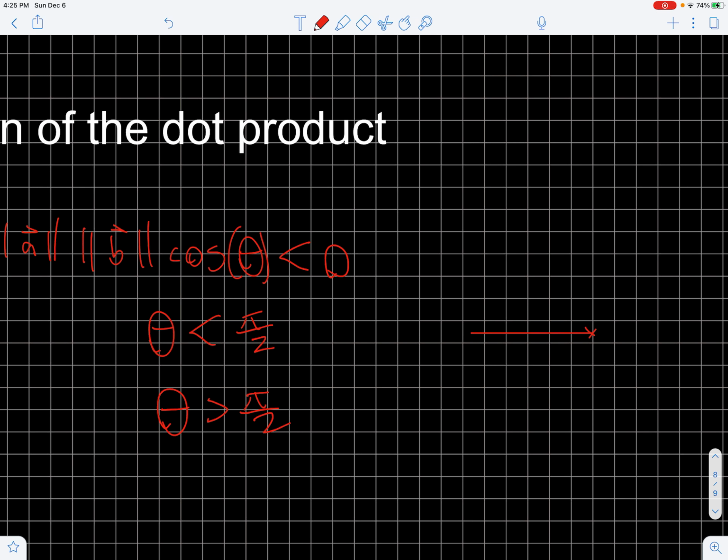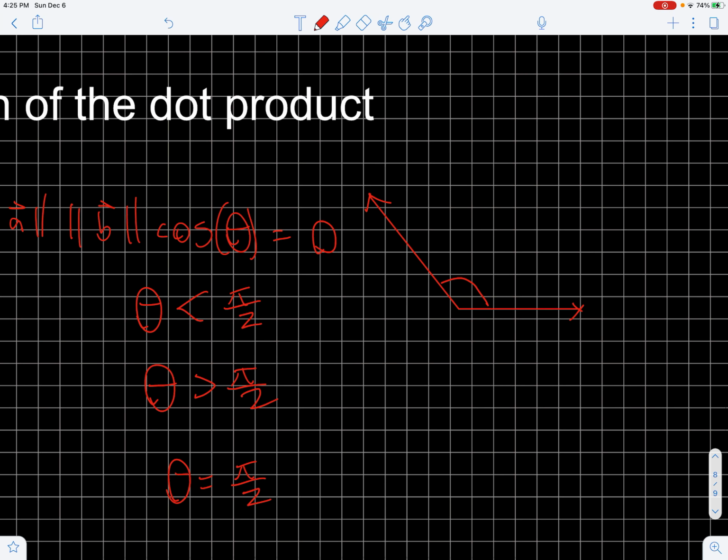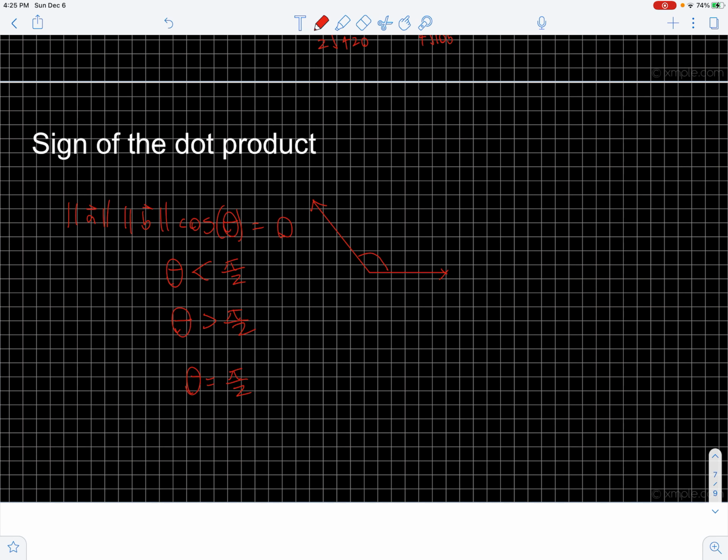That means that our vectors look something like this. Got an obtuse angle. And if the dot product is equal to 0, means that theta equals pi over 2. Because that would mean cosine of theta equals 0.